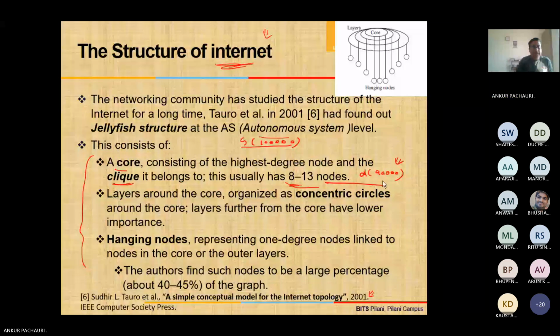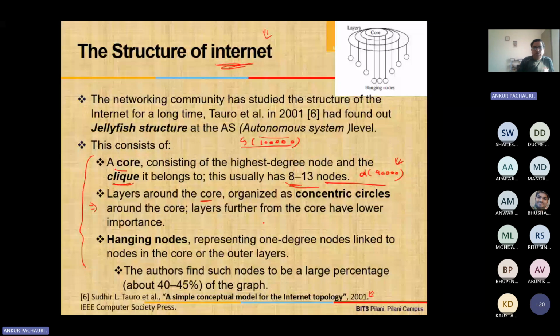Then they called it a core. Then they found layers around the core, arranged based on the connectivity, in the form of concentric circles.